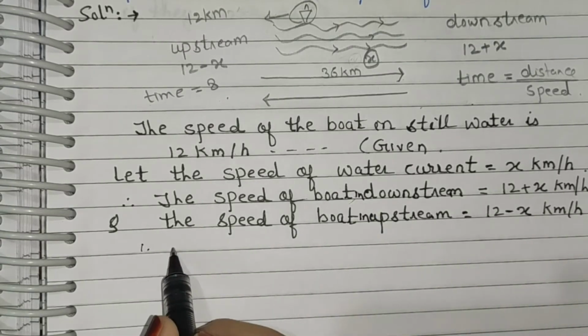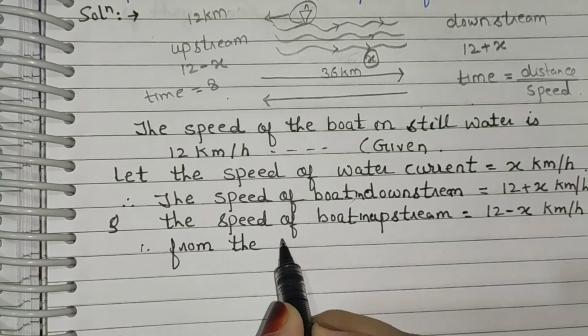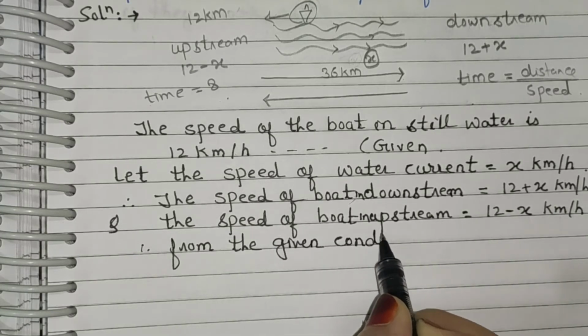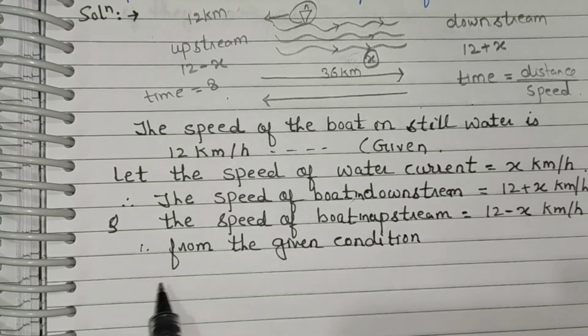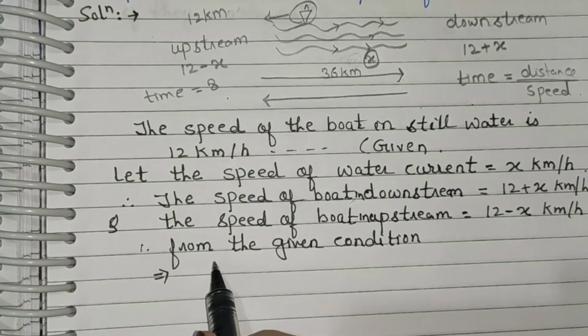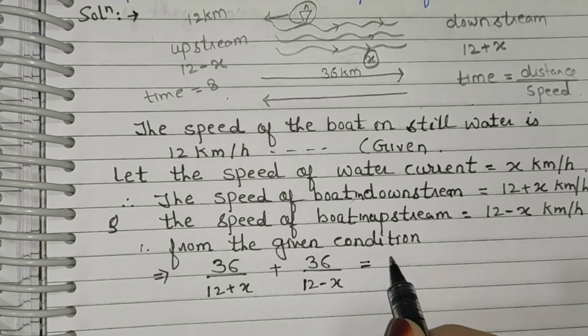Now from the given condition, now total time taken is 8 hours. Therefore, distance upon speed 12 plus x, plus distance upon speed in upstream 12 minus x is equal to total time, which is 8.